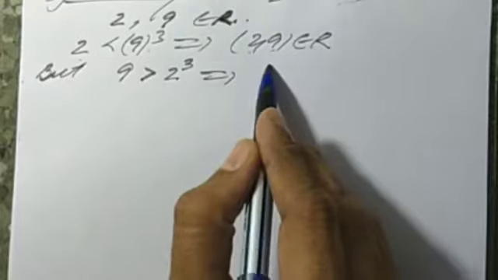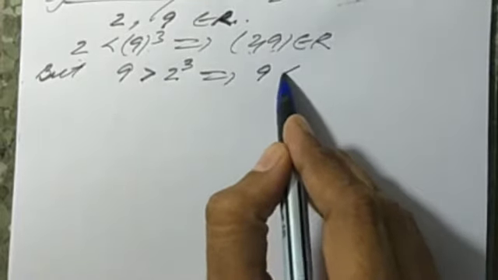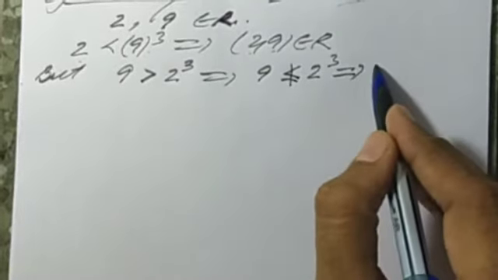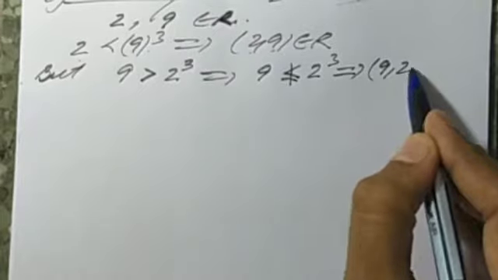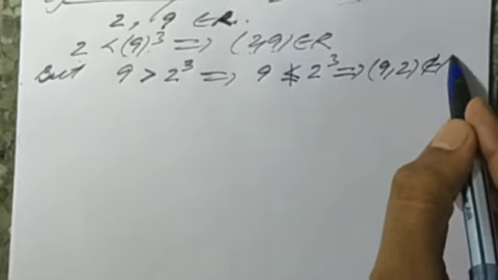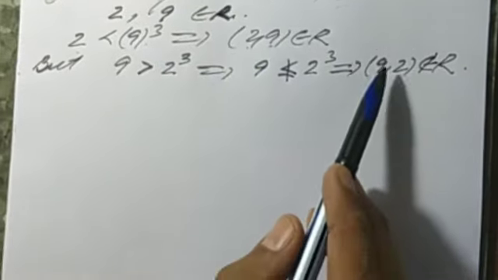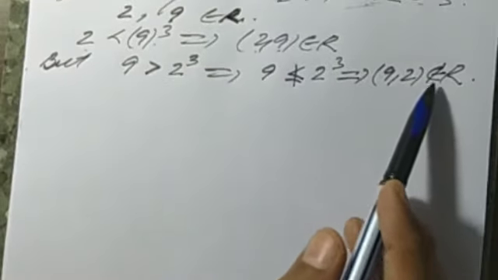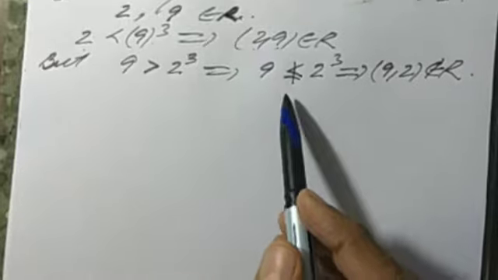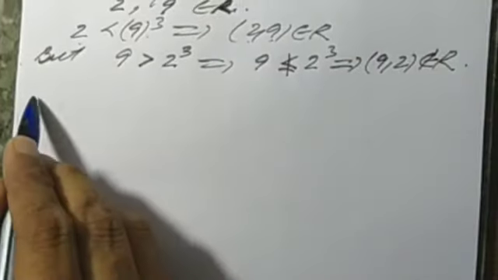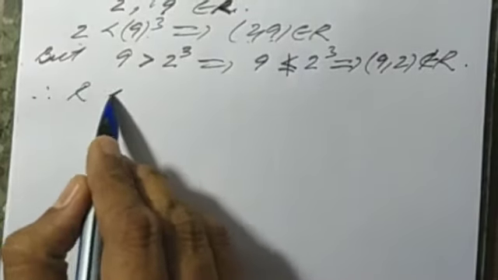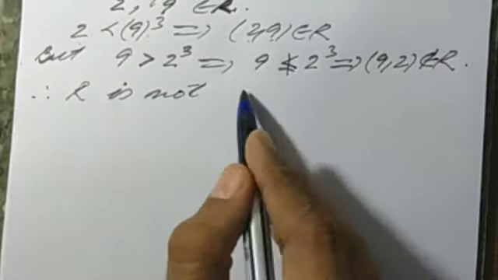So it implies that 9 is neither less than nor equal to 2 cube. So it implies that (9, 2) does not belong to R. So we have shown if (2, 9) belongs to R, then (9, 2) does not belong to R, though 2 and 9 both are real numbers. So we may say that R is not symmetric.